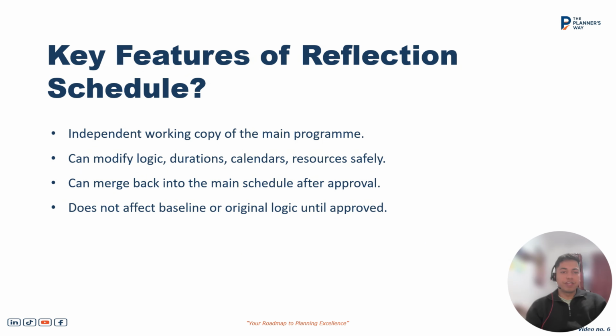Let's cover a couple of key features of the reflection schedule. Firstly, it is an independent working copy of the main program. Then, if it is an independent working copy of the main program, what makes it differ from a general copy of the program? The only difference between a general copy of the program and the reflection copy is that we can merge it back to the main schedule after the approval.